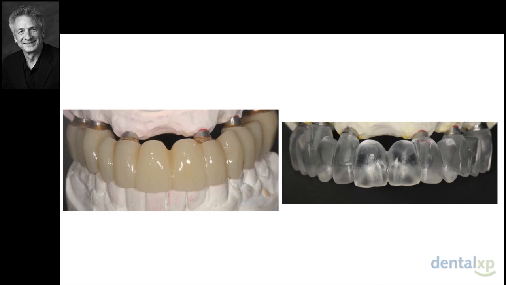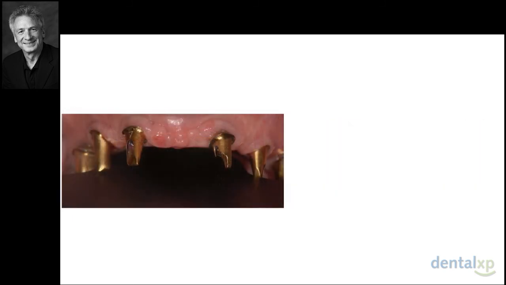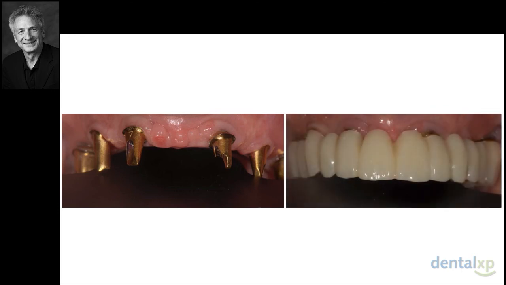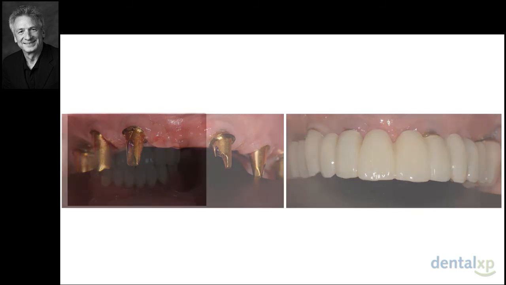So this prototype can be clear, it can be opaque, it could be in polymethyl methacrylate. So here we have the patient-specific abutments in the mouth and the provisional that were delivered at one time, and the time was compressed tremendously by leveraging these technologies in the value chain and being able to manufacture all of this work at one time.